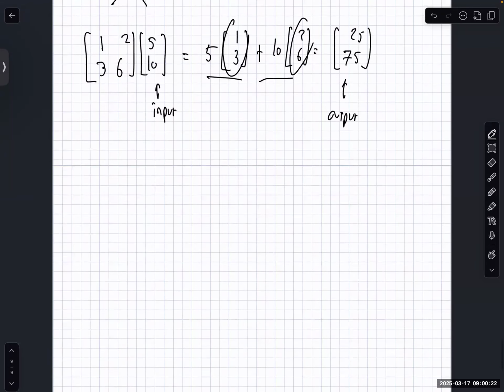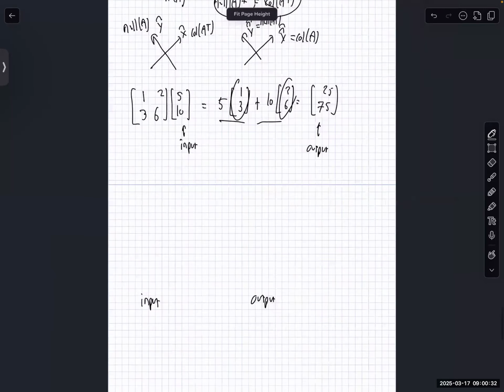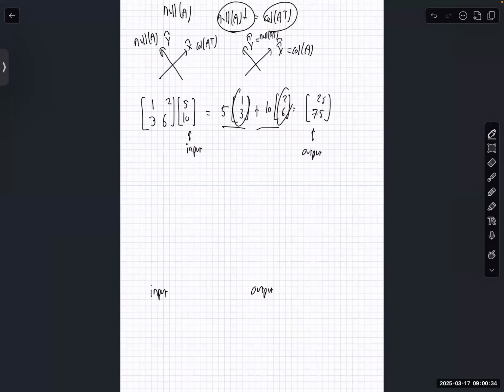So let me draw those again. This time we're going to be using one basis for the input space, one basis for the output space, and each axis is going to be one of the 4 fundamental subspaces.